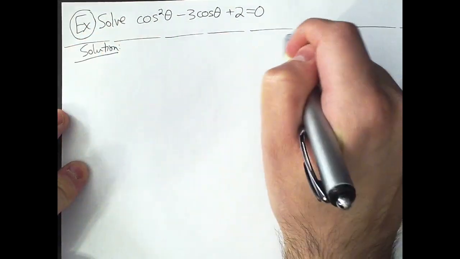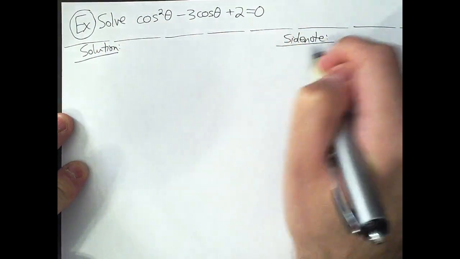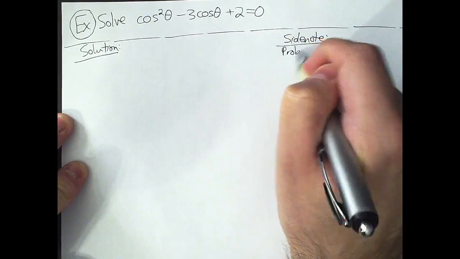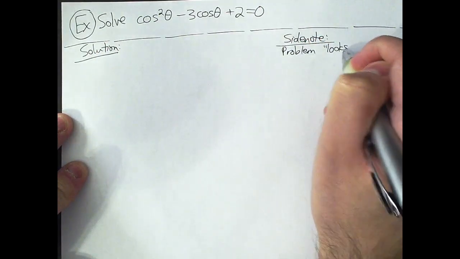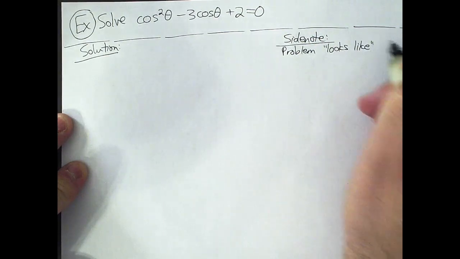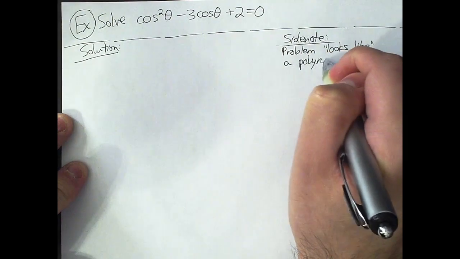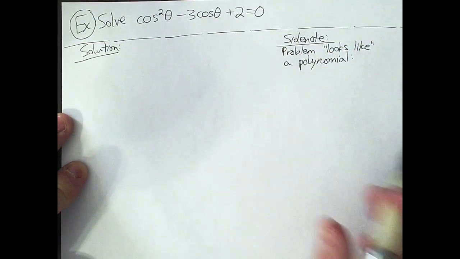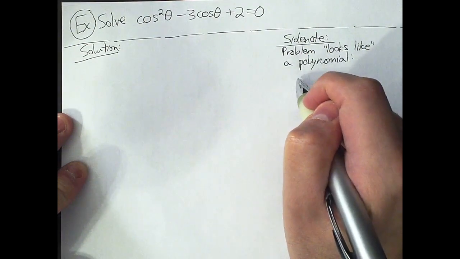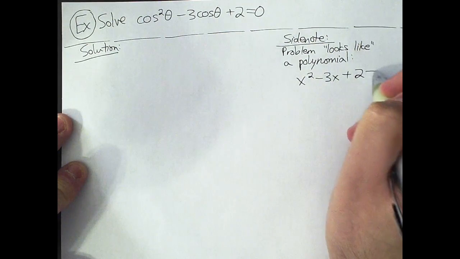First of all, as a side note, I want to say that this problem kind of reminds me of something. This kind of problem looks like a polynomial. Do you think it looks like a polynomial? Does it kind of look like x squared minus 3x plus 2 equals 0?